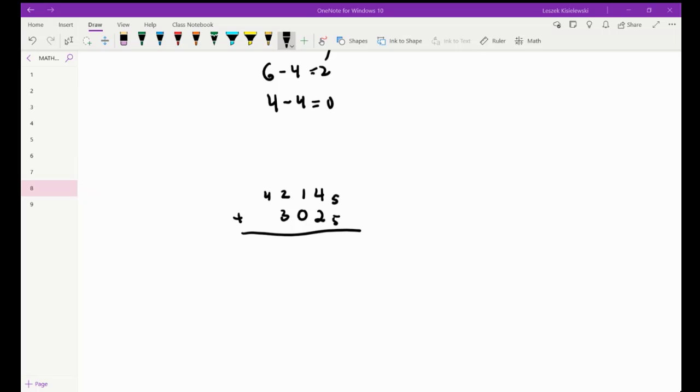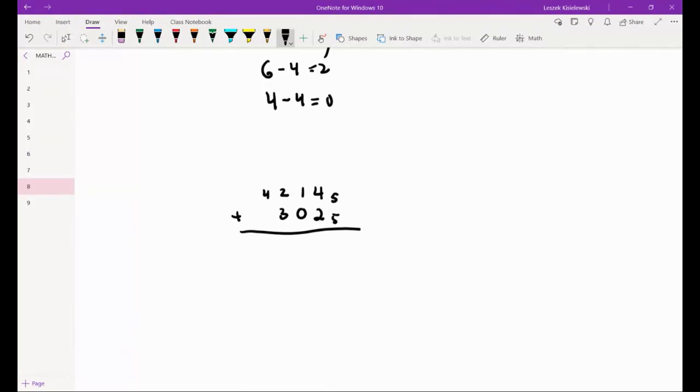Okay, let's look at Dan's answer. So that's 10021 in base 5. Let's see. Okay, so 4 plus 2 is 6, which is at least the value of our base. So we take 6 and subtract the base value to get 1, and that's what you put over here. And we carry 1. Then in the next column we have 1 plus 1 is 2. That's less than our base value, so we can just put that down.